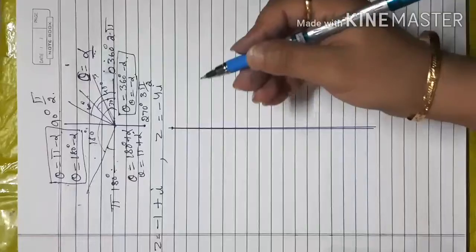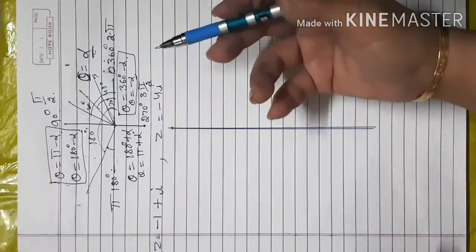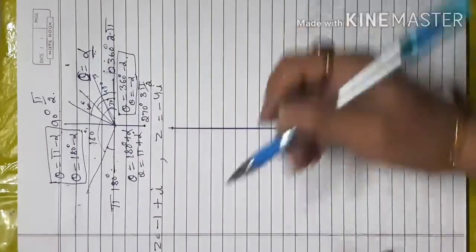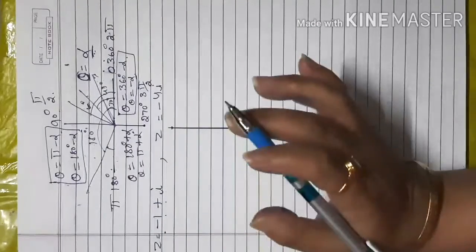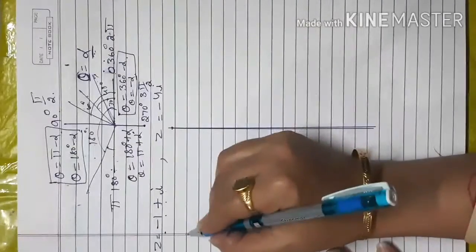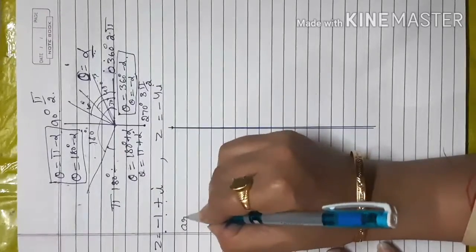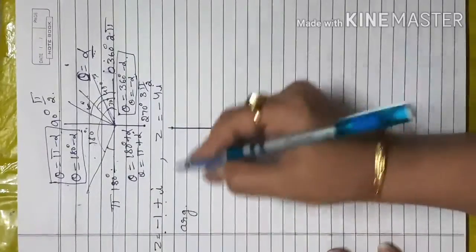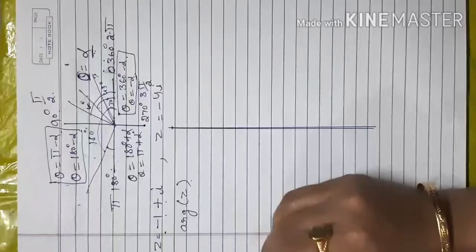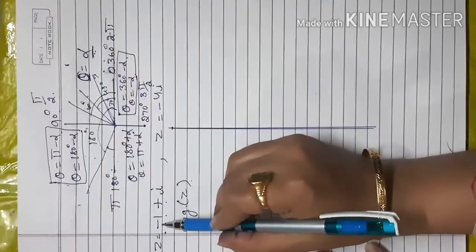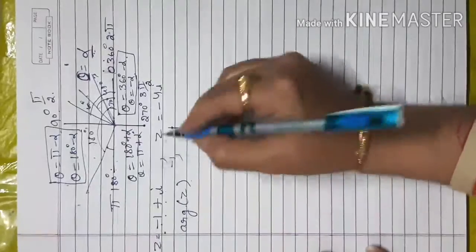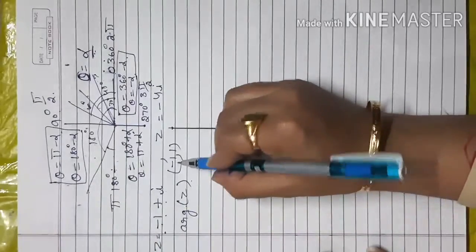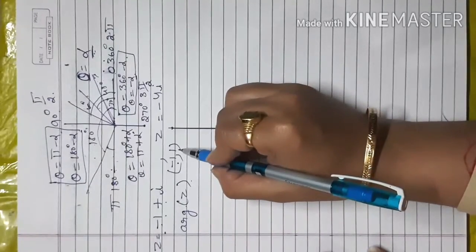So we can easily identify it. How can we apply the angles here? Suppose I have a complex number here, minus 1 plus i. If I just want to find the amplitude or argument of z, I see that the x value is minus 1 and the y value is 1, so the x value is negative and the y value is positive.